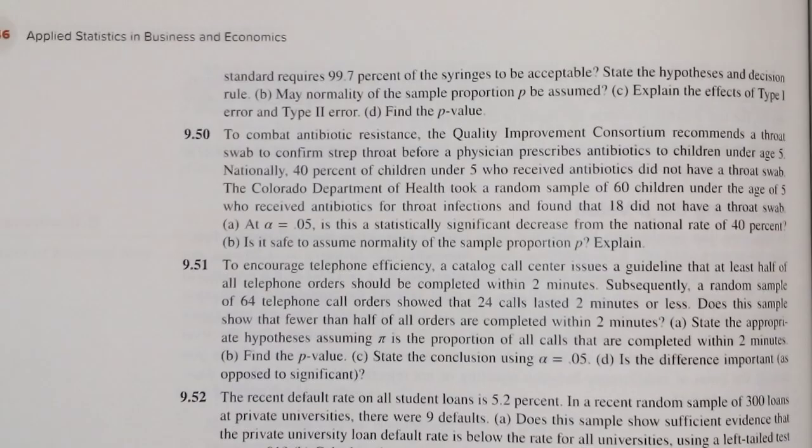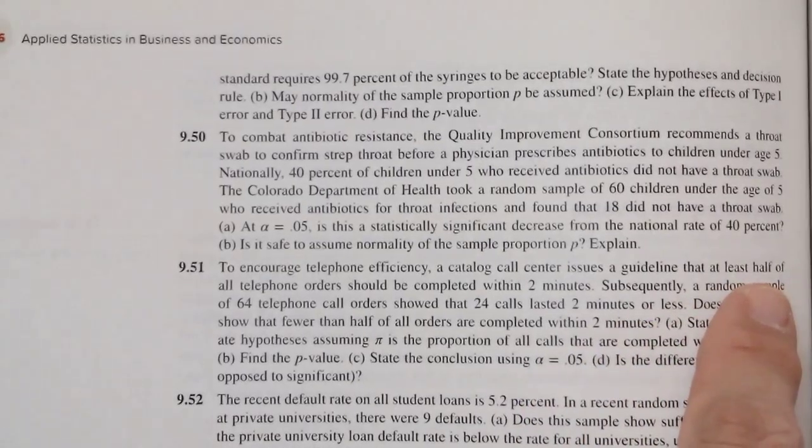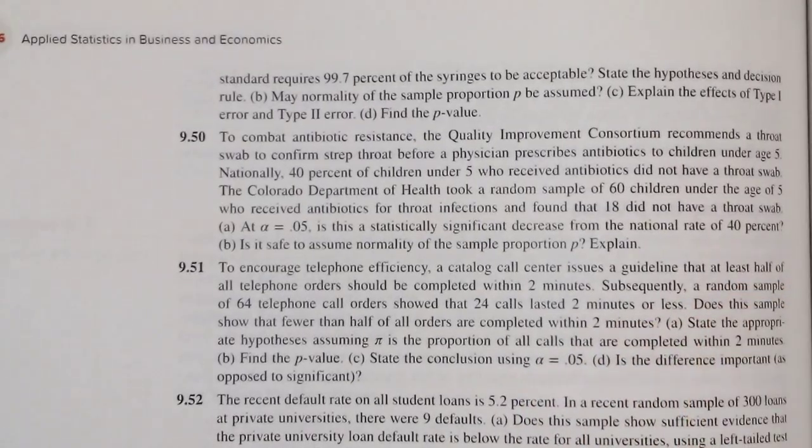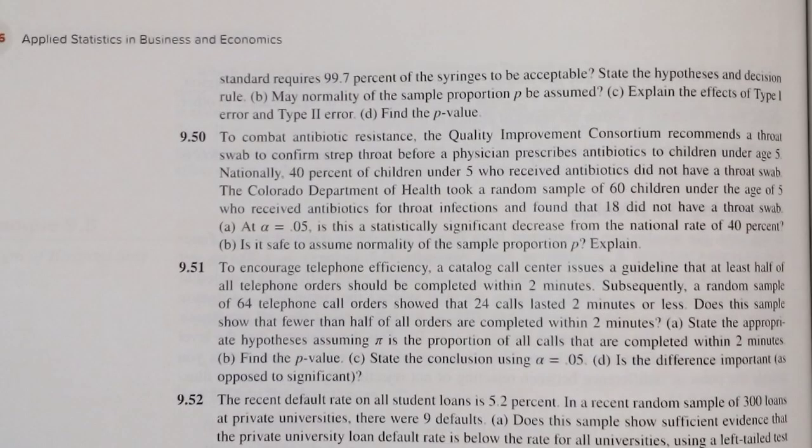That's not the null hypothesis. The null hypothesis is based on the standard we want to be held to, my benchmark. The benchmark up there says at least half. So my benchmark is 0.5. I want at least half the calls in 2 minutes or less.